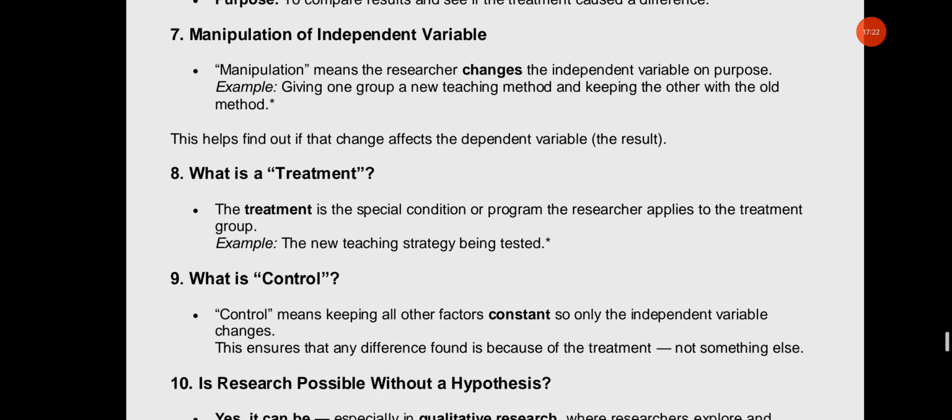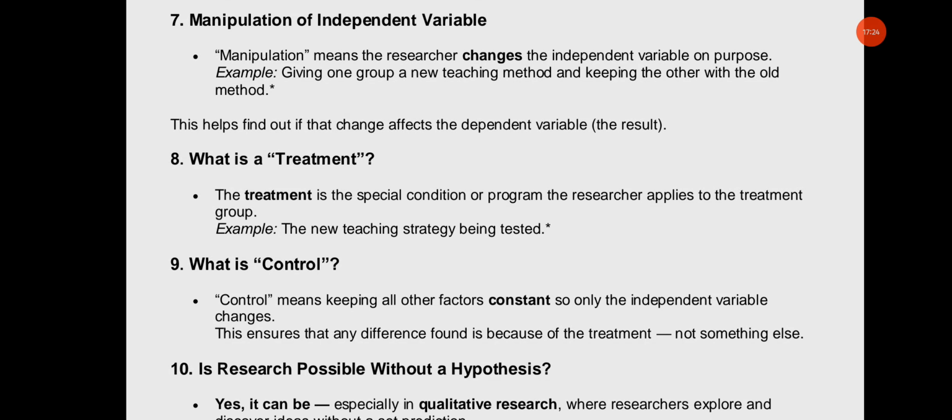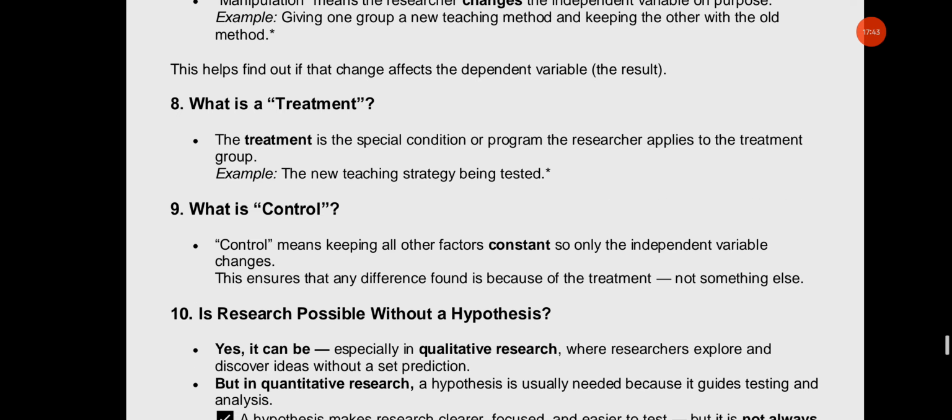Manipulation of independent variable. Manipulation means the researcher changes the independent variable on purpose. For example, giving one group a new teaching method and keeping the other with the old method. This helps to find out if the change affects the dependent variable, the result. What is treatment?